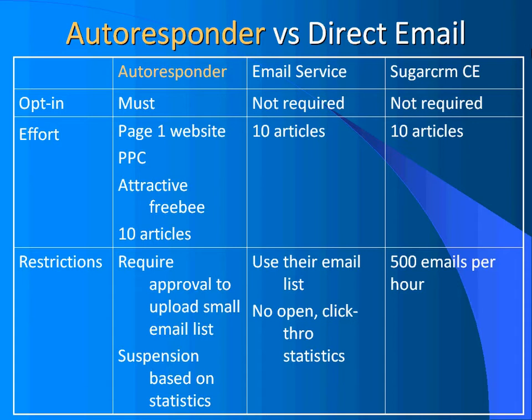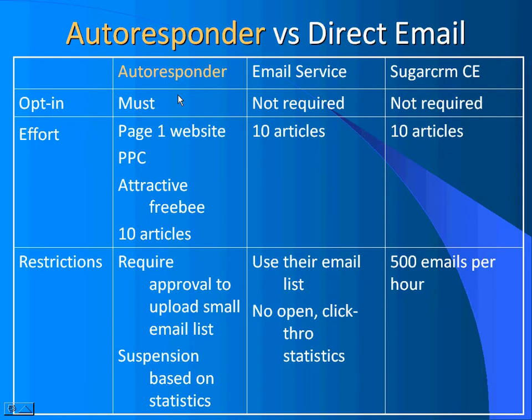You have to go through a lot of steps for them to receive your email. If you input their list into the autoresponder, it will send them an email asking them, did you subscribe to this, or please opt in to this subscription, before the autoresponder can send them your first newsletter or your first marketing material. So that is what it's about, opt-in.